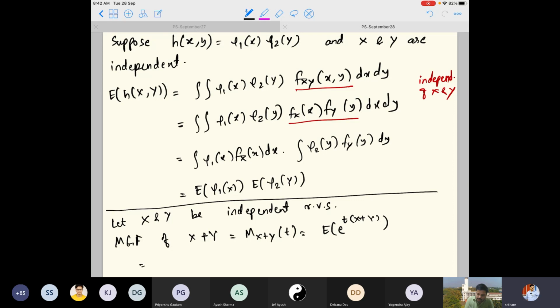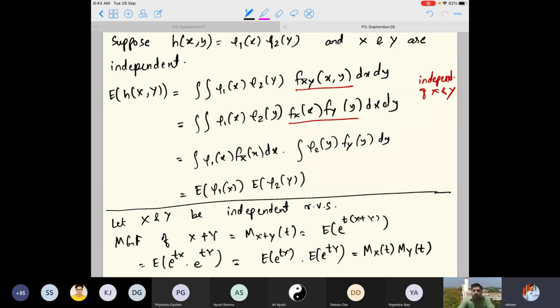You can write this as the expectation of e to the power tX into e to the power tY. Here h(x, y) is e to the power t(x plus y), which you can write as phi 1(x) into phi 2(y). Because of independence, this is the expectation of e^{tX} times the expectation of e^{tY}, which is nothing but M_X(t) into M_Y(t). This is the result that we had proved for discrete random variables also. The same result we can prove for continuous random variables.